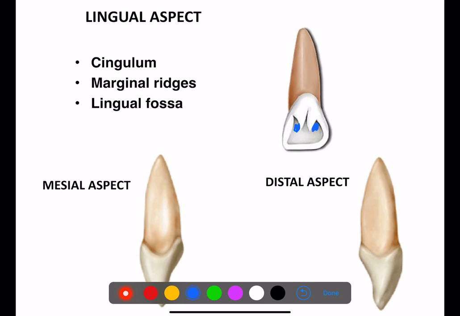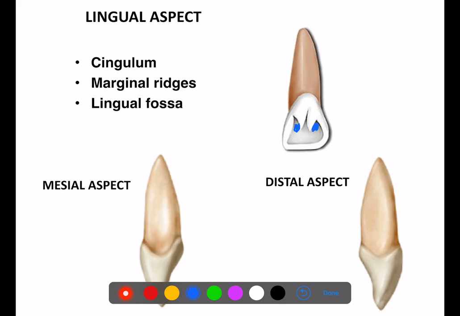These three are important in finding out the difference between the central and lateral, which we'll come across later. So in the lingual aspect, you need to concentrate on the cingulum, marginal ridge and the lingual fossa.